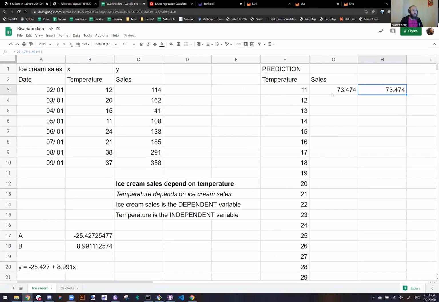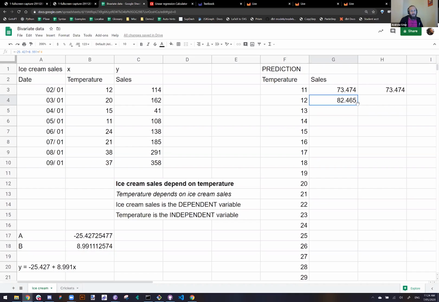I get the same value as if I type F3. But the cool thing about doing this cell reference is that I can do the click and drag trick on this cell, and it's going to change it. So now when I look at this cell, notice that it says F4 instead of F3. That's because it's now moved down and it's reading this cell instead.